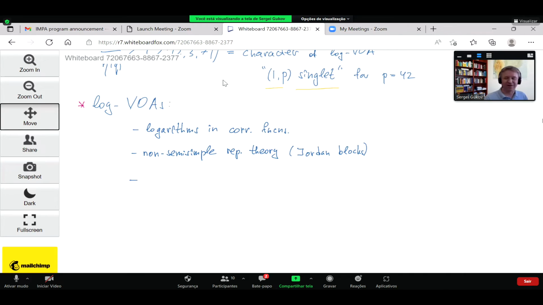So in fact, they involve log of q, which is tau. So modular properties, I'll just say unusual modular transformation of characters.